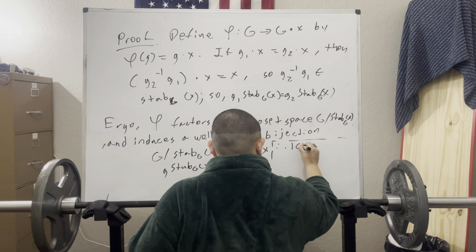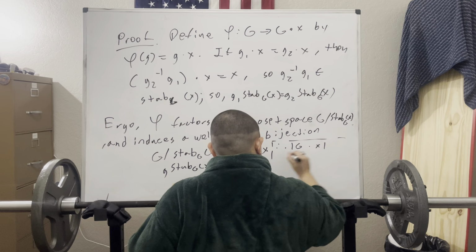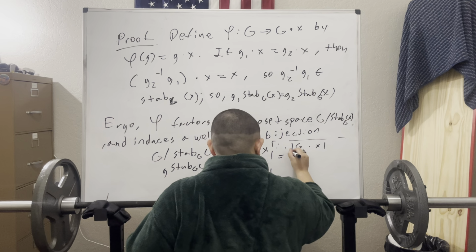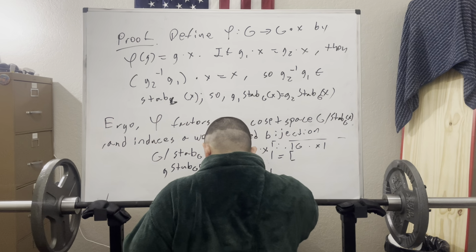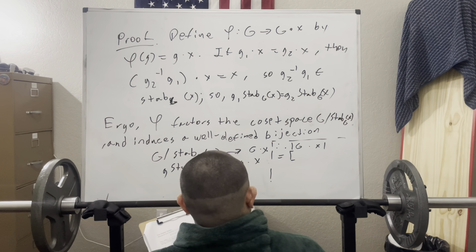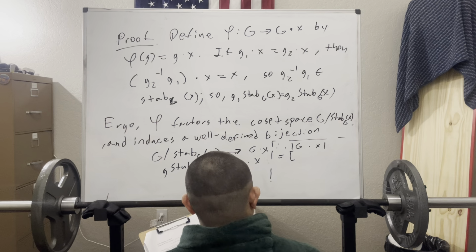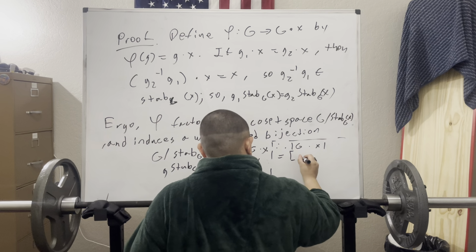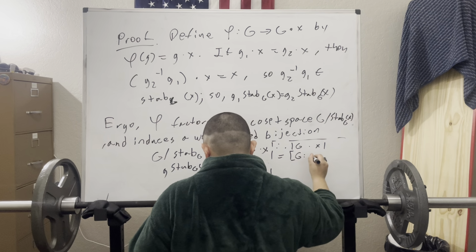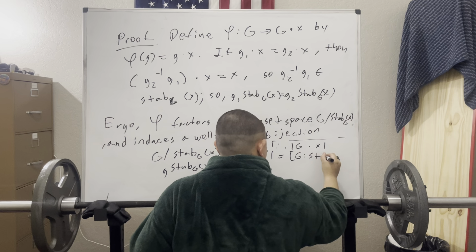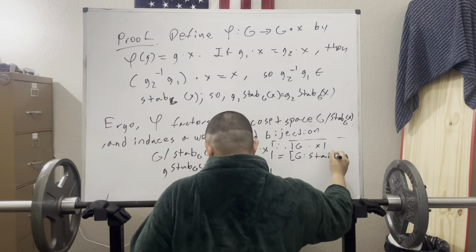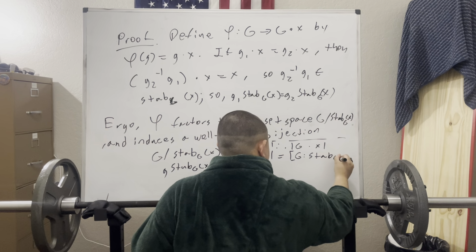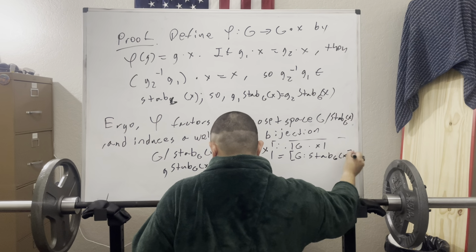Therefore, the order of G operating with x is equal to the order of the... I'm having trouble with this notational thing right here, remembering exactly how to say that. G such that the stabilizer of x, the class of that.